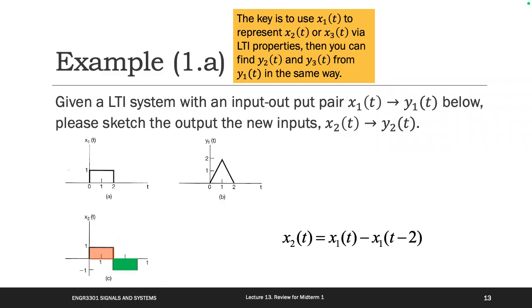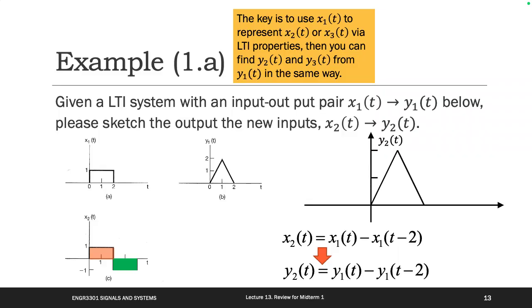Because it is an LTI system, Y2(t) equals a similar form, a similar style. I didn't show it to you, so it should be this one. Let's try to sketch Y2.